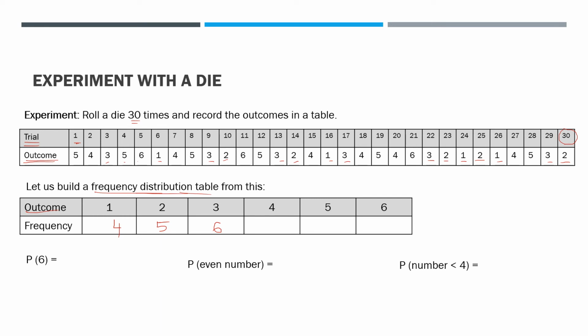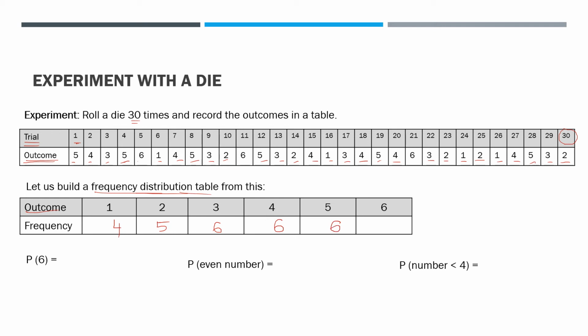What about 4? 1, 2, 3, 4, 5, 6 times. 5: 1, 2, 3, 4, 5, 6. This is 6 times as well. Interesting.